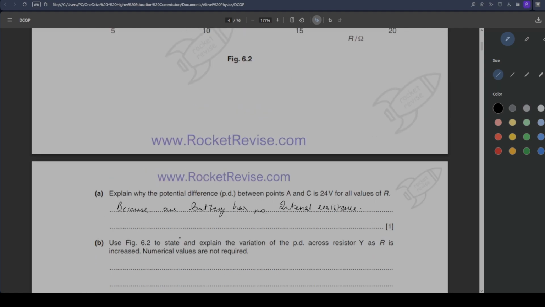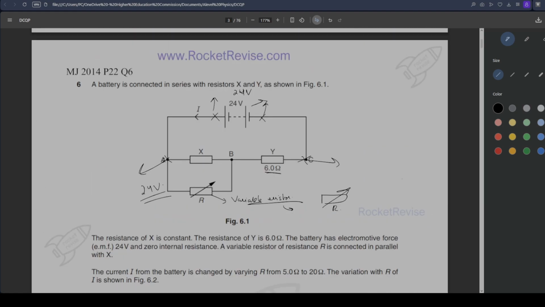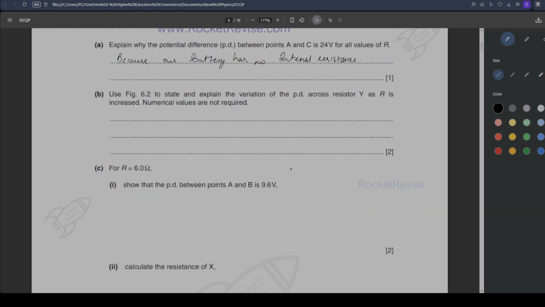The value of R does not matter because R is inside the circuit, right? And if you look at the positions of A and C, they're directly connected to the negative and positive terminals. So the value of R doesn't matter because it's not gonna affect the terminal voltage.